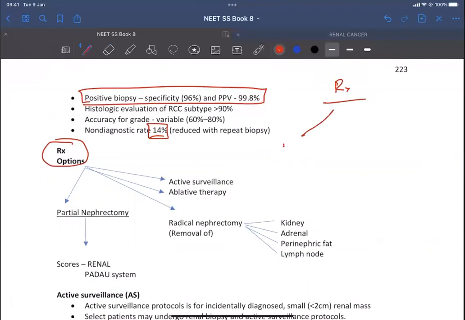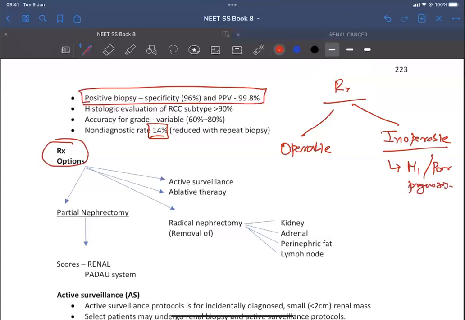That is, you essentially divide them into operable and inoperable. Inoperable tumors are the ones who have metastatic disease with poor prognosis, or locally advanced where it's not safe to remove.